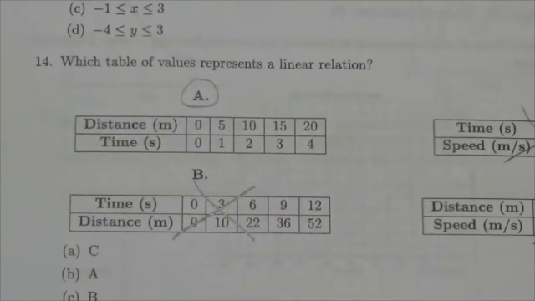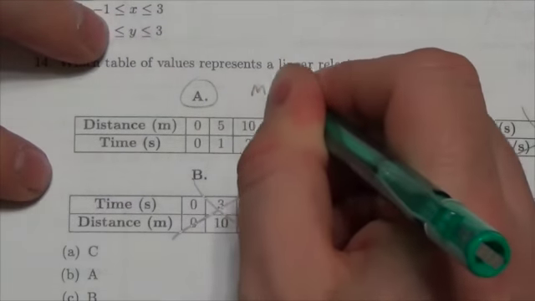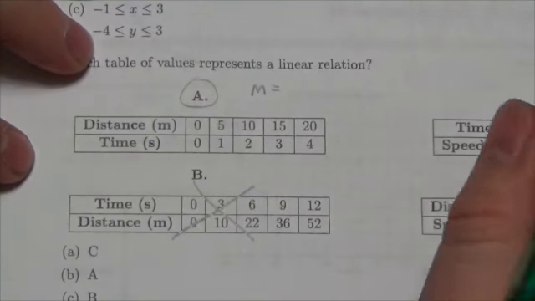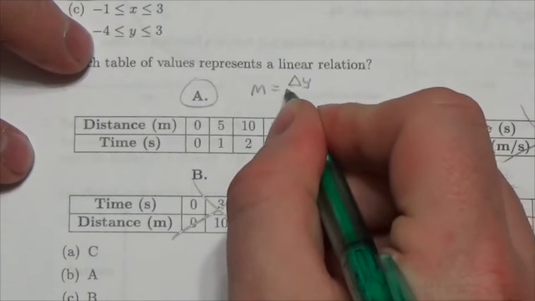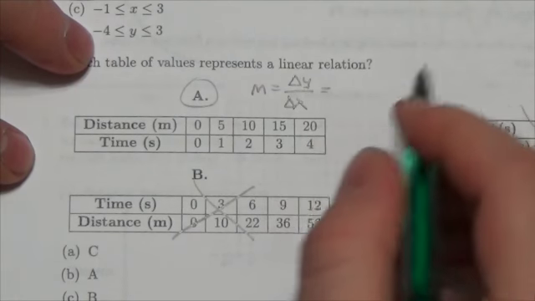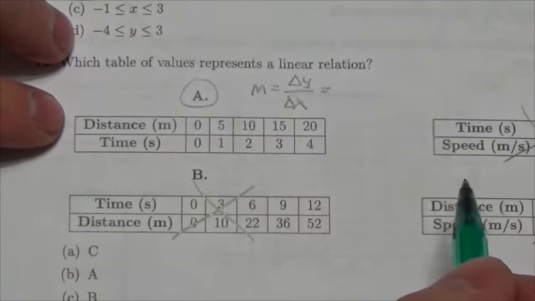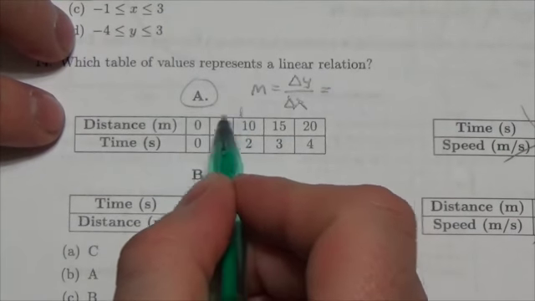Another way of talking about what we've just been looking at is slope. You may have discussed that already. We use m to represent slope, and I know that seems a little weird, but just live with it. This is the change in the y variable over the change in the x variable, or change in dependent over change in independent. If we treat distance as the y variable, maybe we find the slope between these two values.